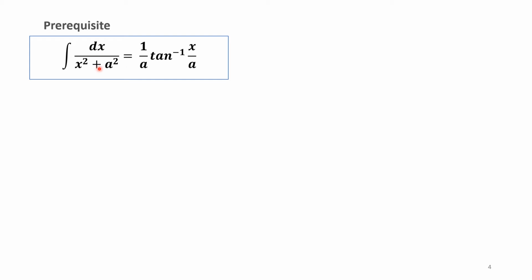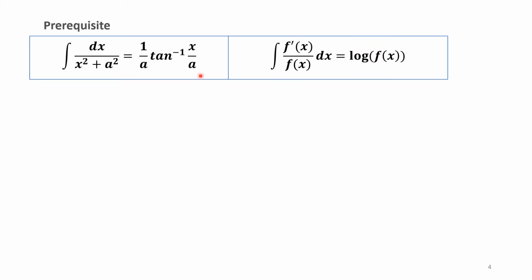Similarly, integration of f dash of x upon f of x is log of f of x, which means that when the derivative of the denominator is there in the numerator, then we can write log of the denominator. So integration of f dash of x upon f of x dx is log of f of x.